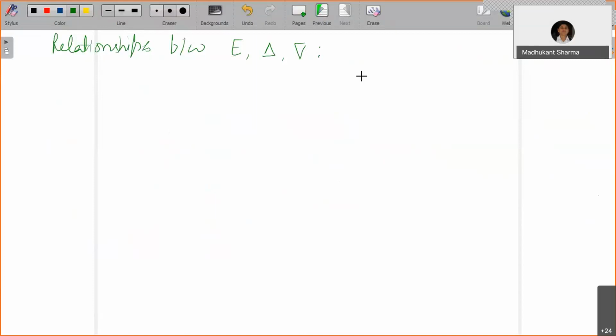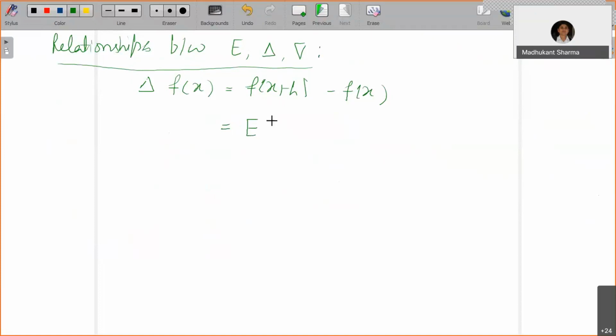Okay, so if you look at the definition of forward difference, let's say, what is the forward difference of f of x? It is the future value minus the present value. Right? Now, what is f of x plus h? It is the first shifting of f of x, minus f of x.